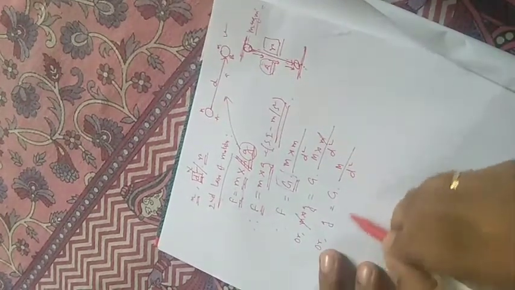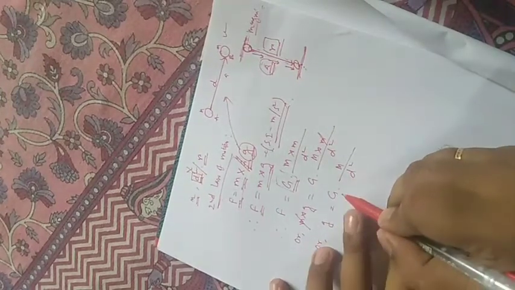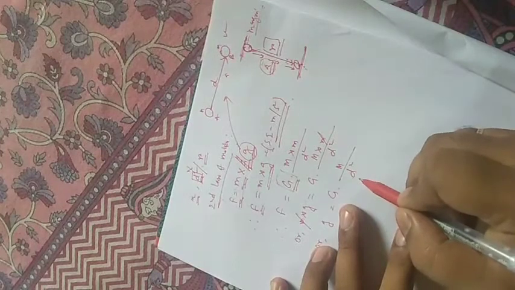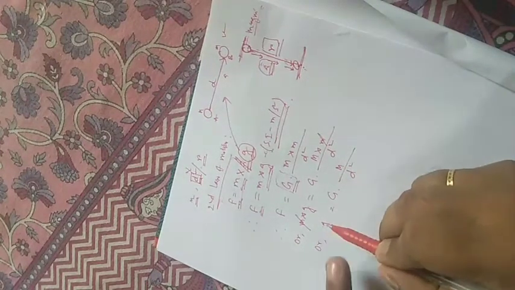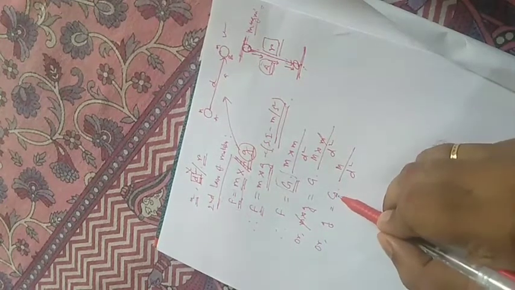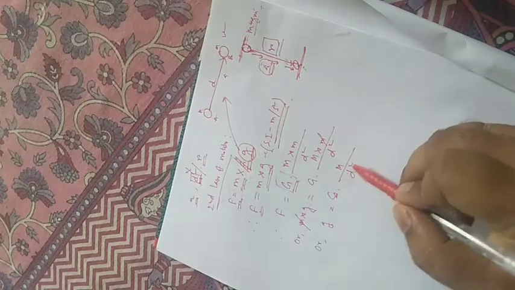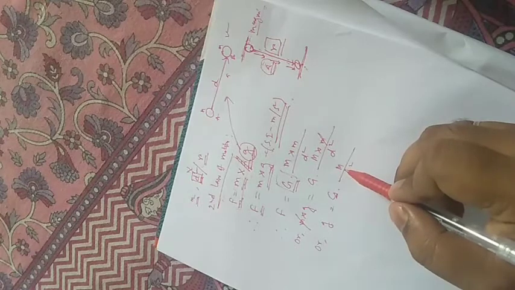So we have got our final formula, that is small g equal to capital G into capital M by d square. So here small g is the acceleration due to gravitational force of the earth, then capital G is the constant of the universal law of gravitation, then capital M is the mass of the object, on which object we are just telling.